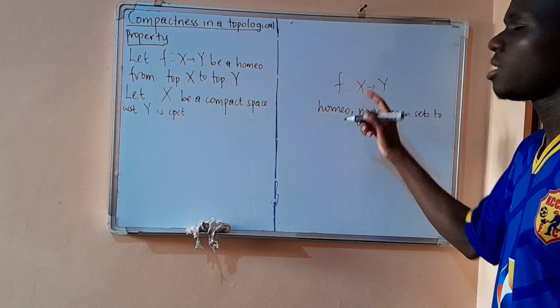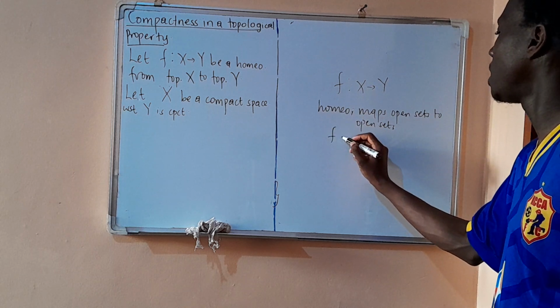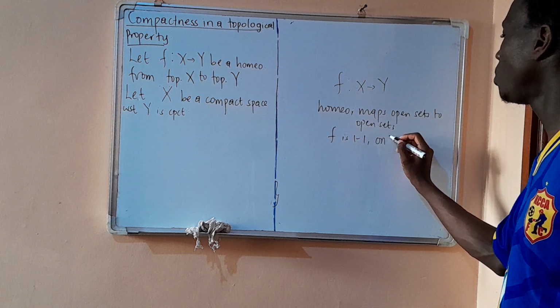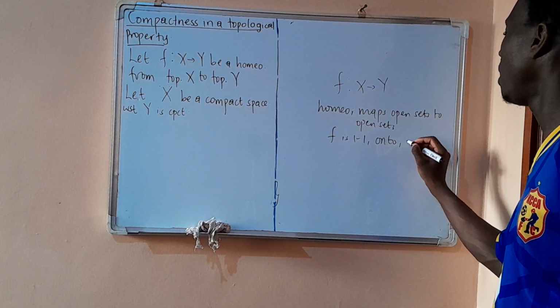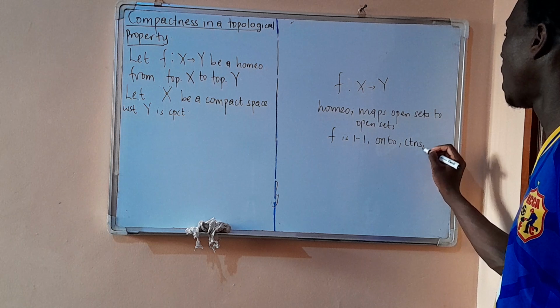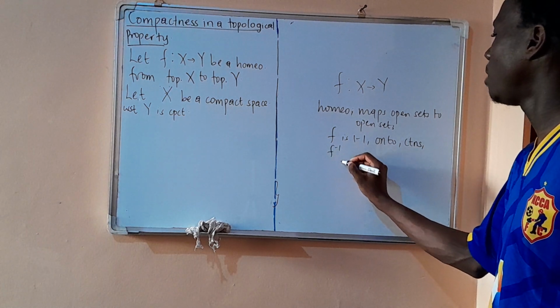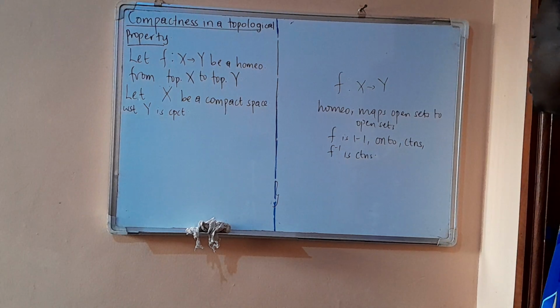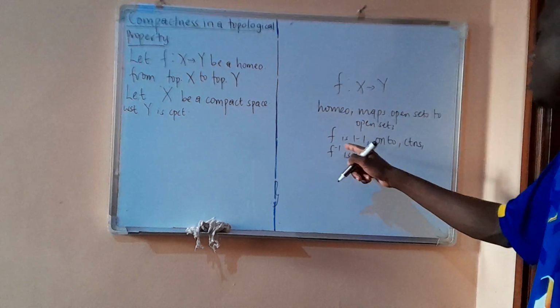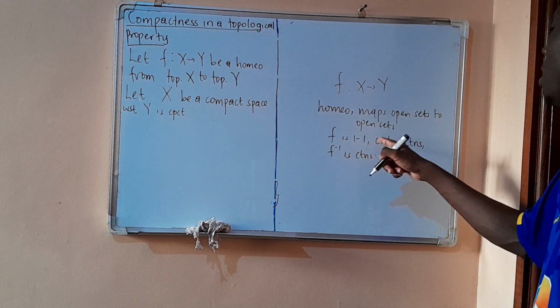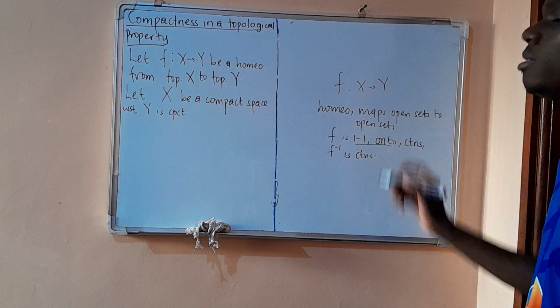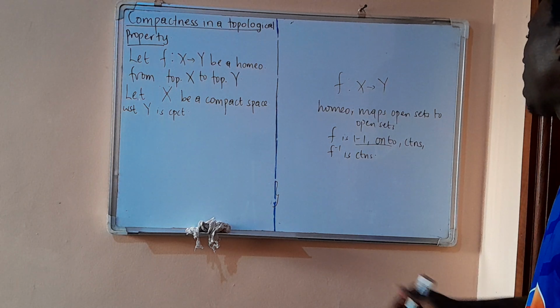If we say that this is a homeomorphism, that implies that f is 1 to 1, f is onto, f is continuous, and its inverse, f inverse, is also continuous. Onto and 1 to 1 is a bijective map.